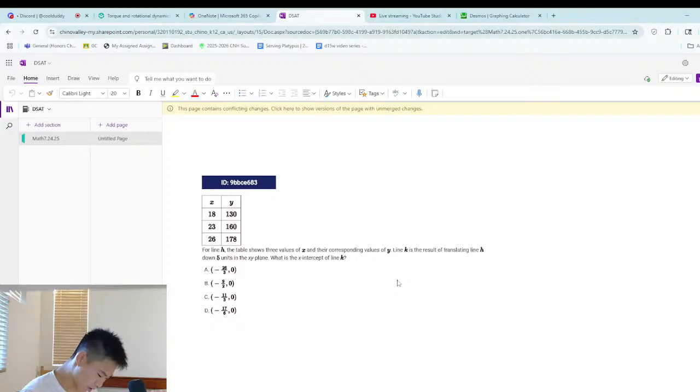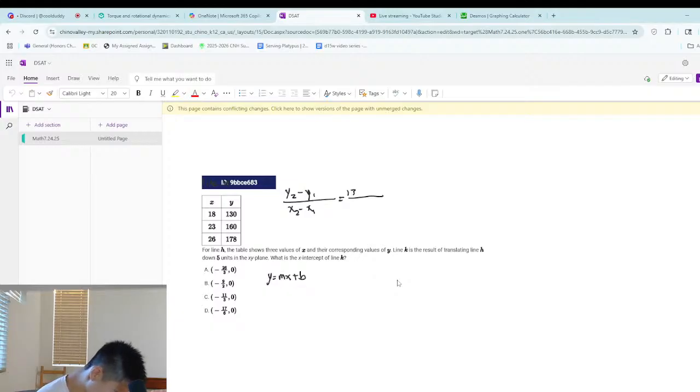So we know the slope because we can use y2 minus y1 over x2 minus x1. So you get 160 minus 130, and then 23 minus 18.